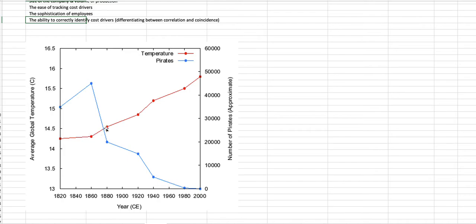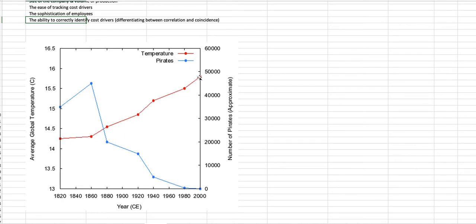This red line is the global temperature, or basically global warming. And we notice that starting in 1820, the global temperature was a little lower, and as we move to the year 2000, the temperature increases.